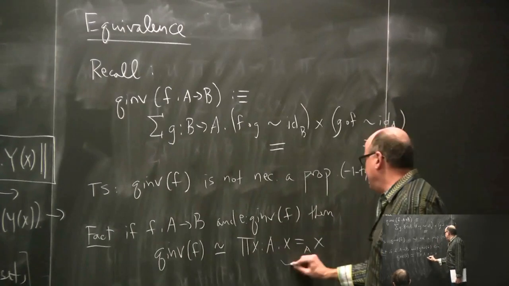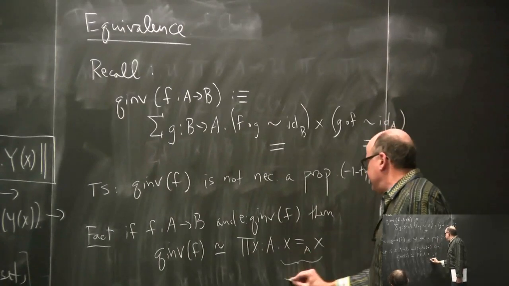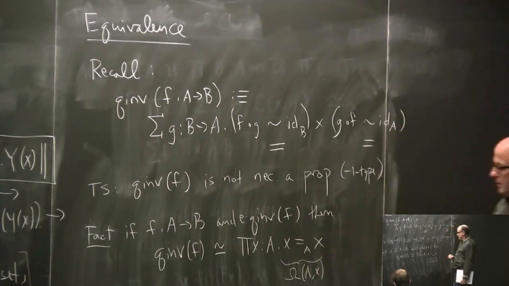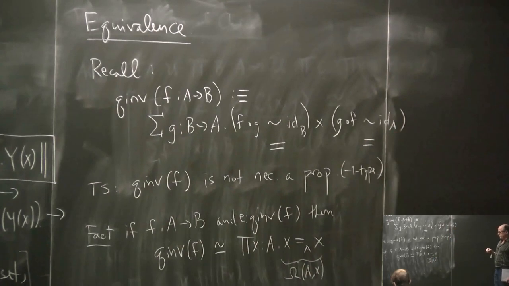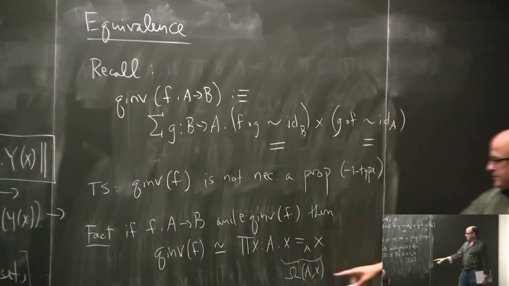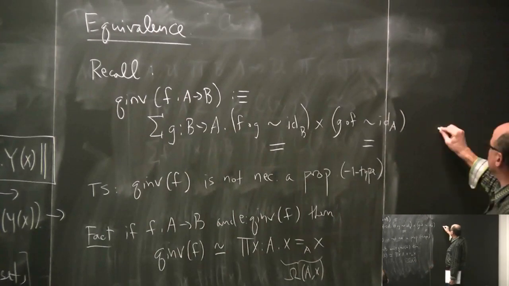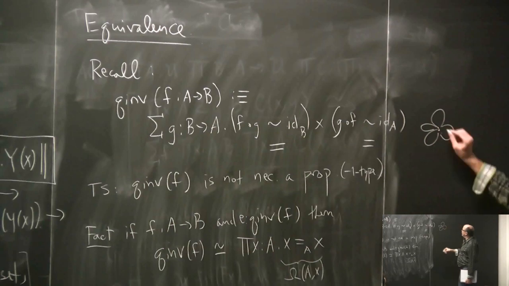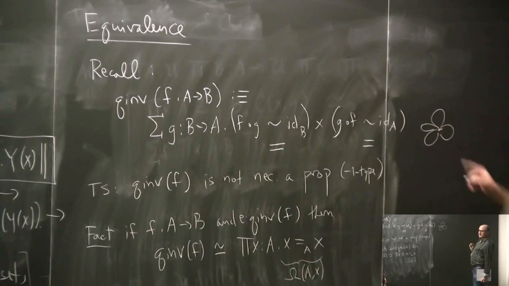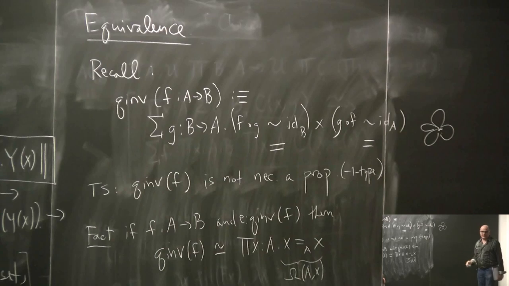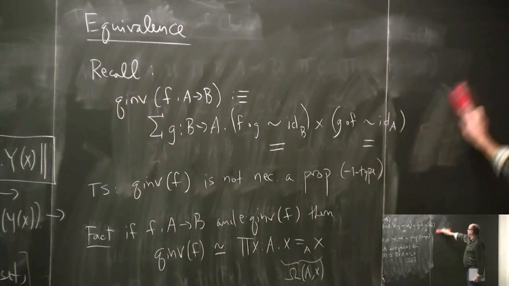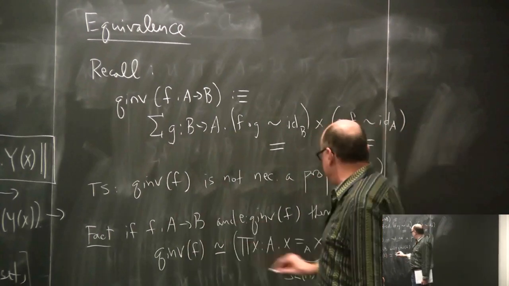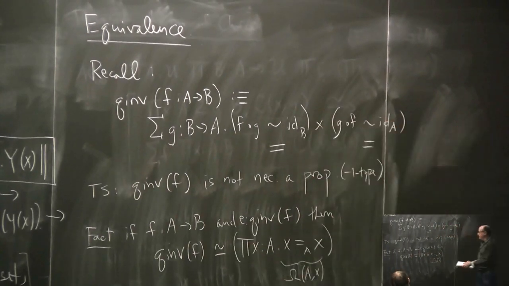This is sometimes notated as the loop space of A at x, which specifies the base point, and you're looking at all of the loops based at that point, which always include the little one, reflexivity. So this property of quasi-inverse can be thought of as being that.